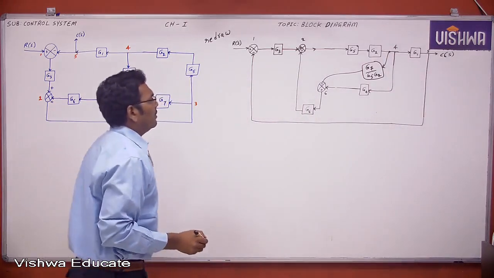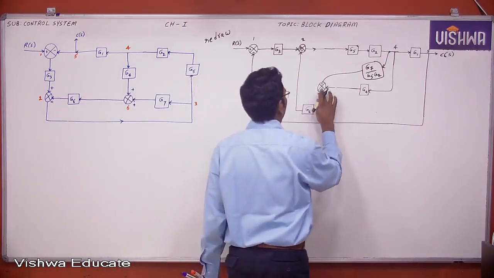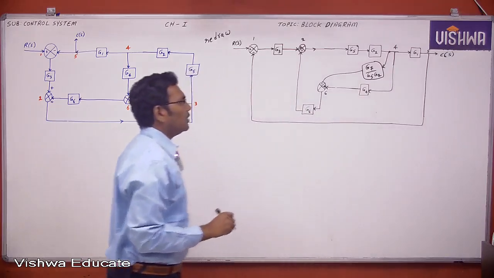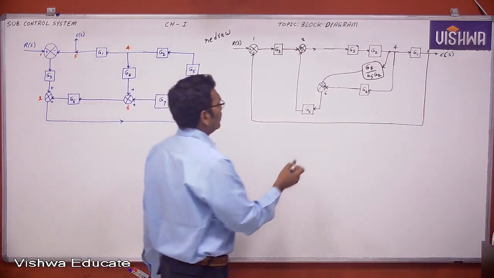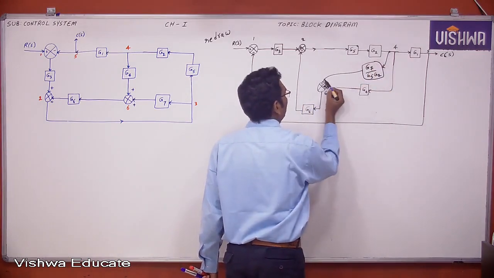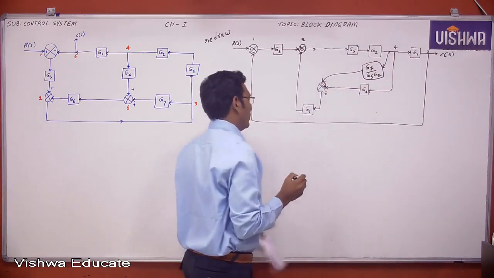Now what happened? Now there are 2 forward paths, right? Now there are 2 forward paths. Now if I remove this block, I first shift this branch point to here, then there are 2 parallel combinations here. These are 2 parallel paths.